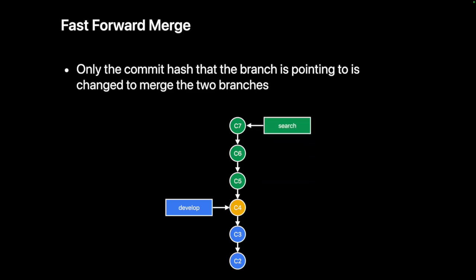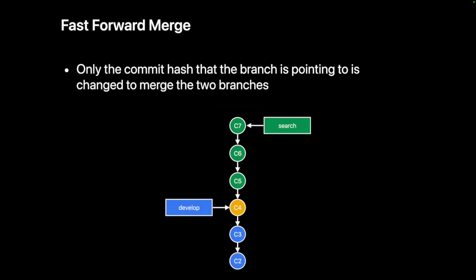As mentioned earlier, the commit history is linked like a chain using a DAG structure. We also learned that a branch is a 41-byte file containing the commit hash it points to. To merge the search branch into the develop branch, what action is needed to make them merged? Currently, the develop branch does not have commits C5, C6, and C7 from the search branch.